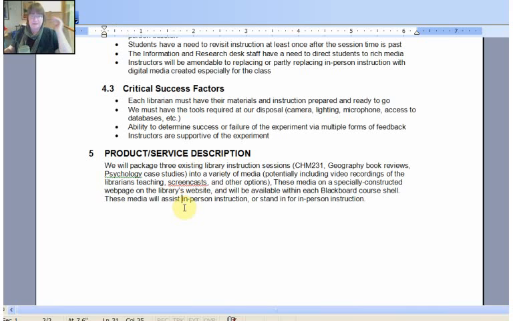In this case, we're going to package 3 existing library instruction sessions into a variety of media that can be put on the website. Done. One line. So you describe the whole thing in one chunk. This document is what you get together and discuss, and it helps guide you through the rest of the project.